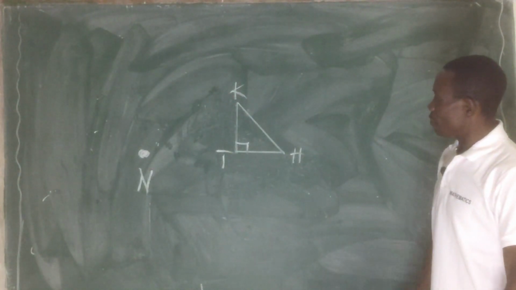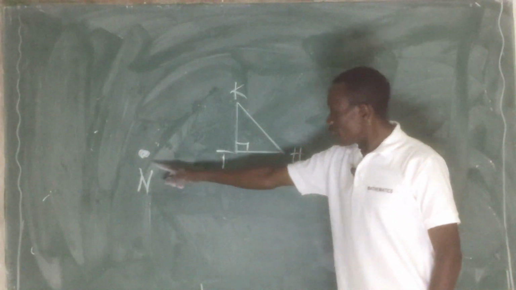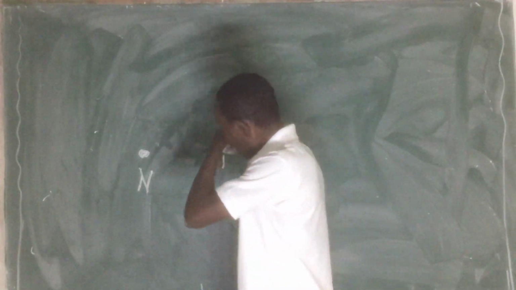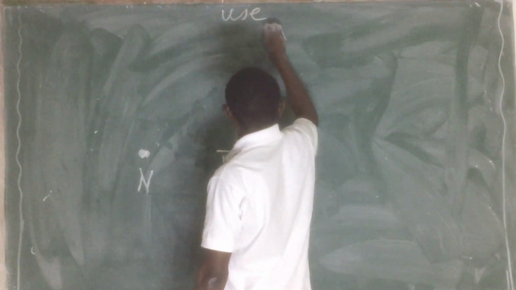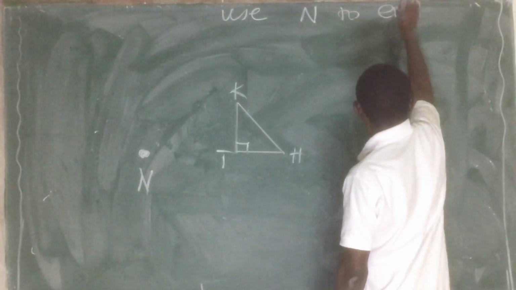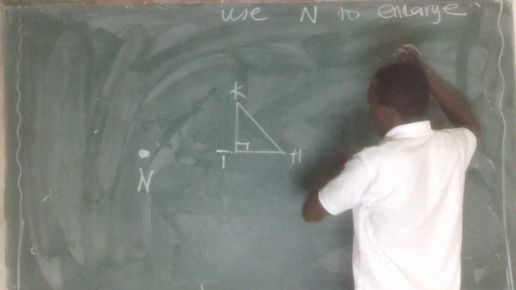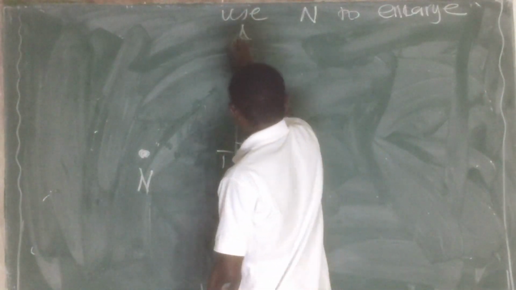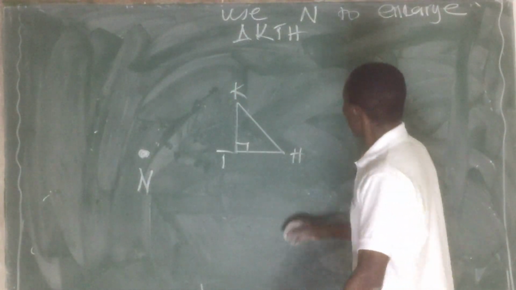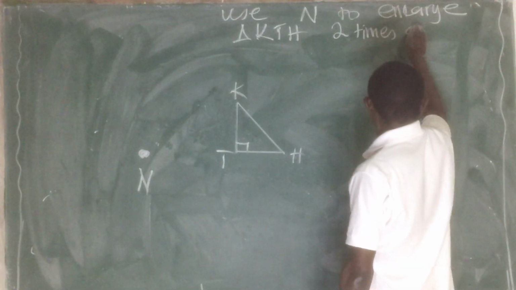Now, you'll be asked to do this. Look at this. Sometimes even in the exam, they can give you a figure like this one, and they set a point somewhere like N. They will ask you to use that N to enlarge triangle KTH twice as much, or 2 times as much.